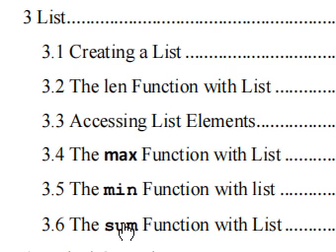And the sum function returns the summation of all the elements in the list passed to it as an argument. These three functions are best used when the list passed to them contains numerical data.